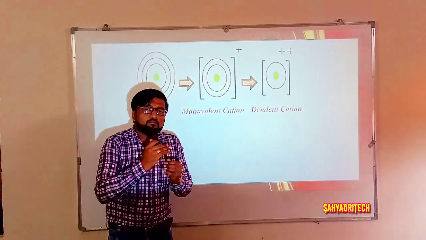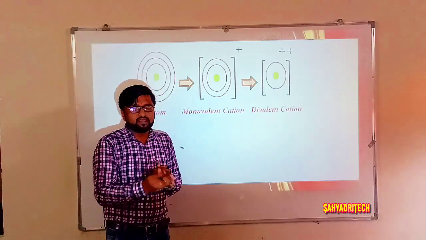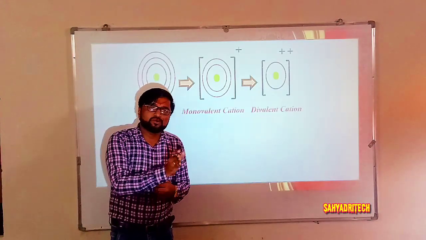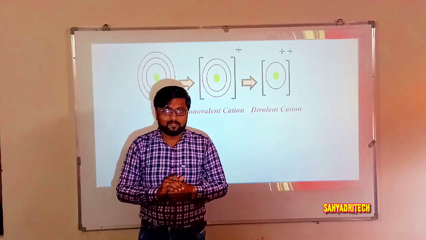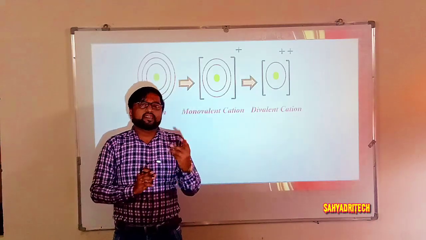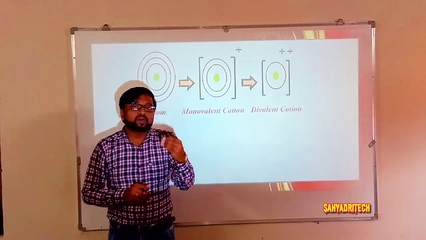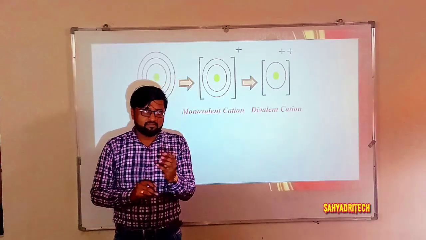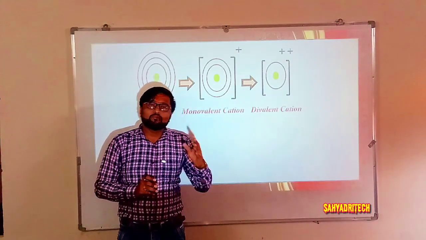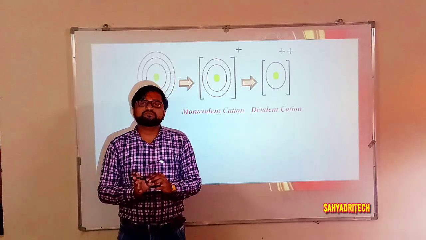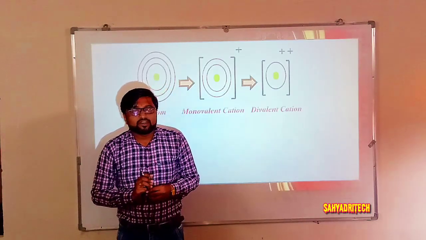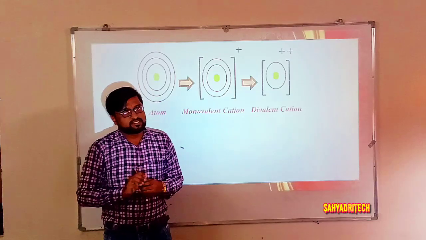Generally what I can say, by losing the electron, an atom gets converted into a cation. Okay, generally how cations are formed means, what we can say, by losing one or more electrons. By losing one or more electrons, that chemical species will be converted into cationic species.